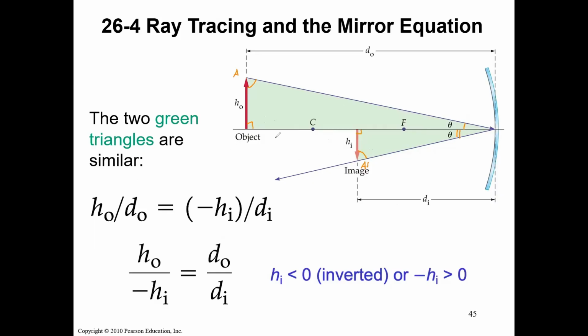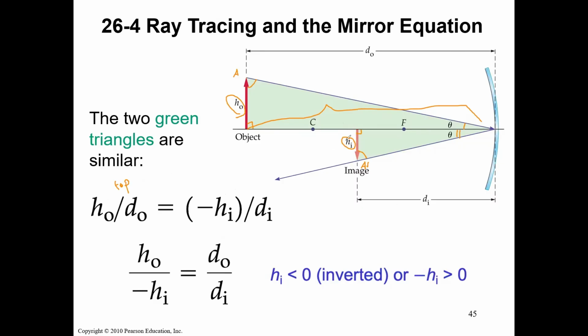For similar triangles, we can set up an equation saying that this side divided by this side, for the first, top triangle, is the same ratio as the corresponding sides. The corresponding side to h sub o is actually h sub i.